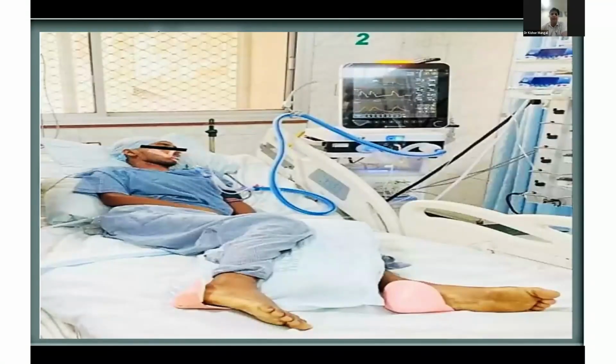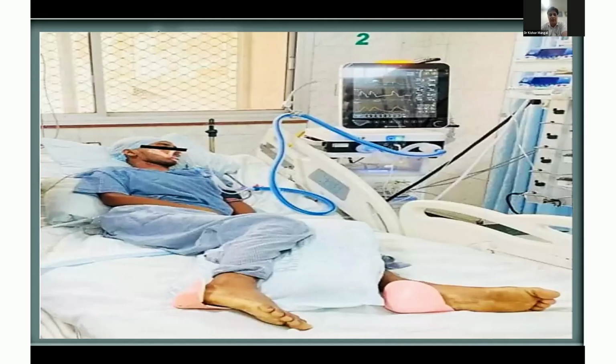Yeah, this one. So we can see here all the things which have been done to prevent the pressure injury. A proper position has been given to the patient. The patient is not supine. There is elevation of the head end. All the parts where the pressure injury can occur, like the heels, have been well padded and supported with soft materials.